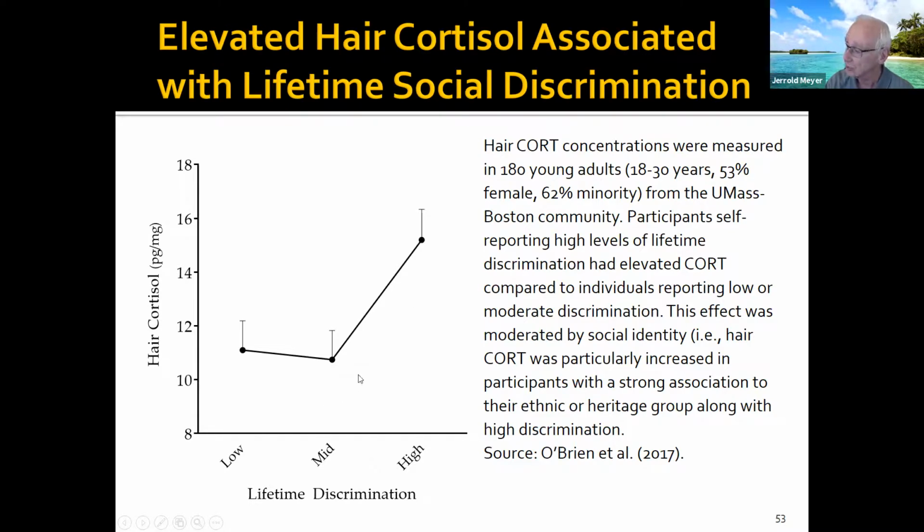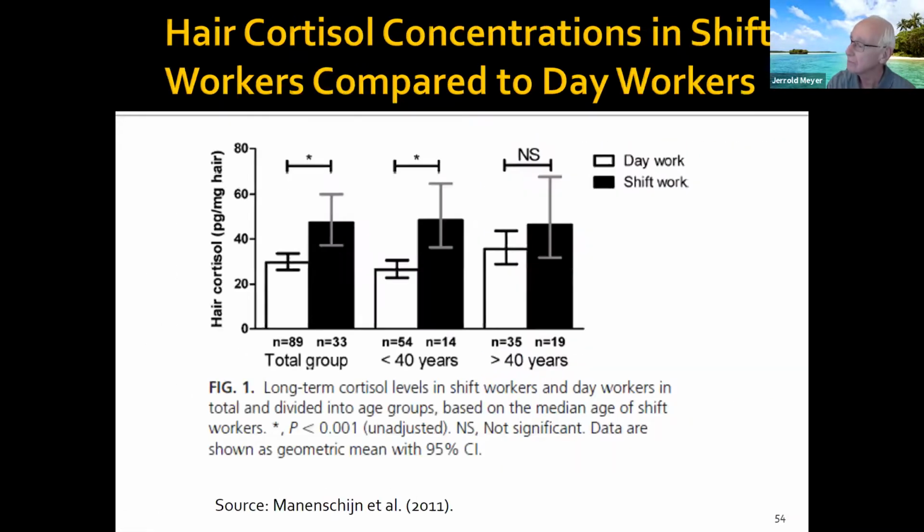Interestingly, there was no difference in hair cortisol when they just looked at recent discrimination. So this is looking at more of a long-term effect on, in this case, increasing HPA activity. And then there were some other interesting findings from the study.